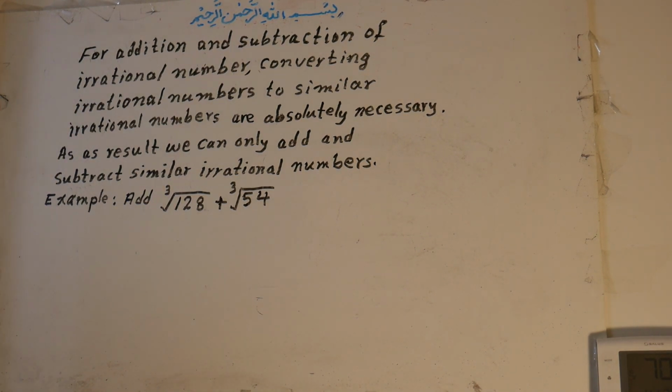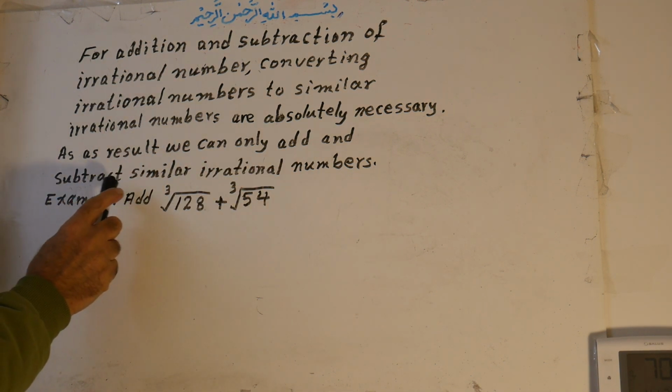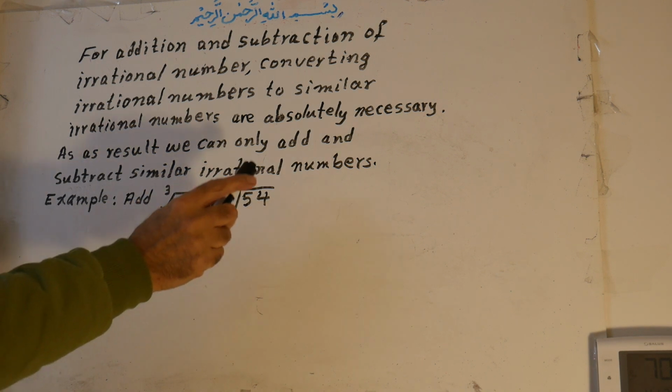For addition and subtraction of irrational numbers, converting irrational numbers to similar irrational numbers is absolutely necessary. As a result, we can only add and subtract similar irrational numbers.